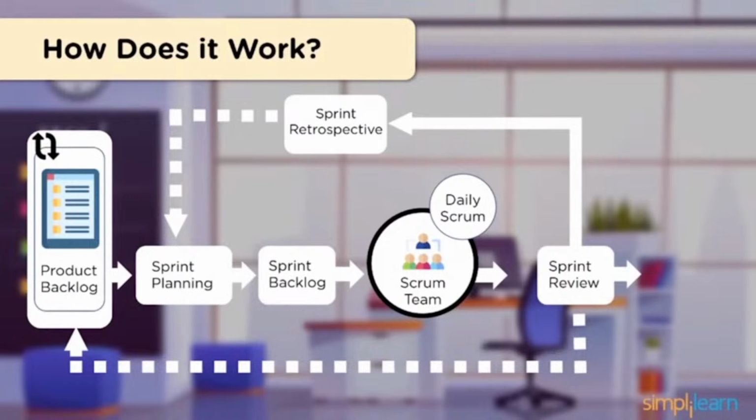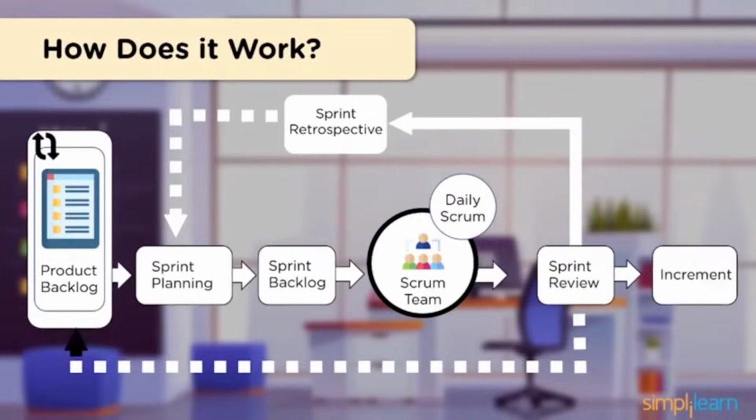During this session, past mistakes, potential issues, and new ways to handle them are identified. Data from here is incorporated into the new sprint plan. The final step is the increment. Here, a workable and usable output is provided to the stakeholders.